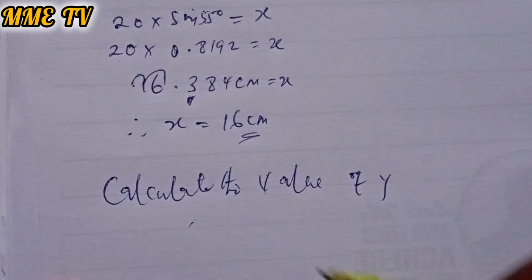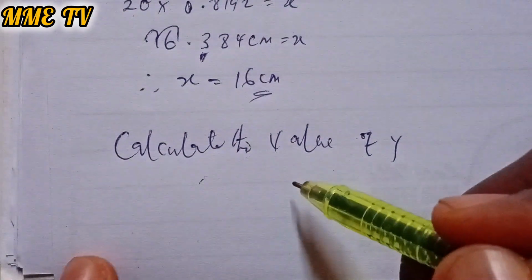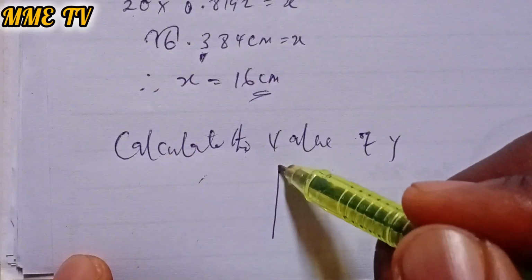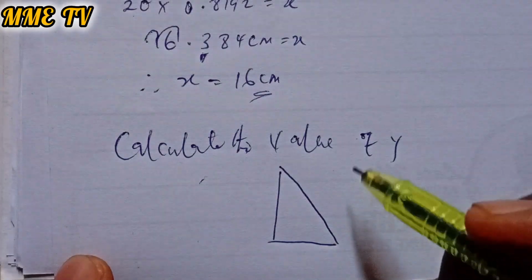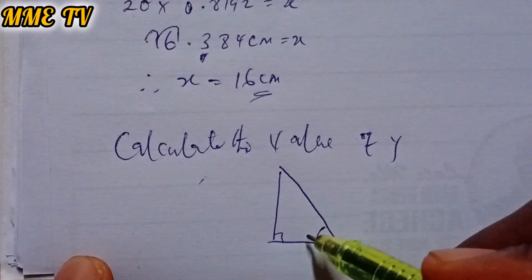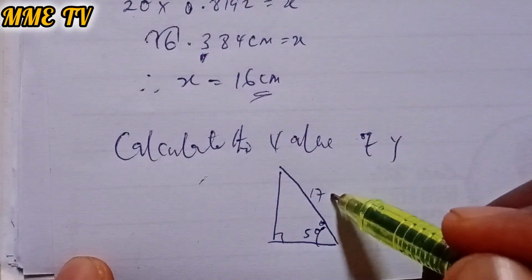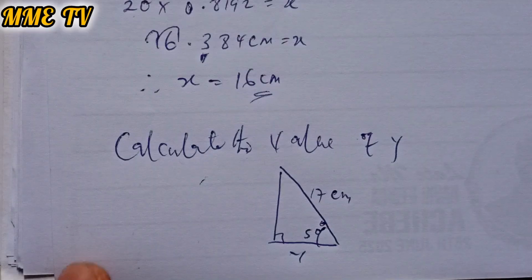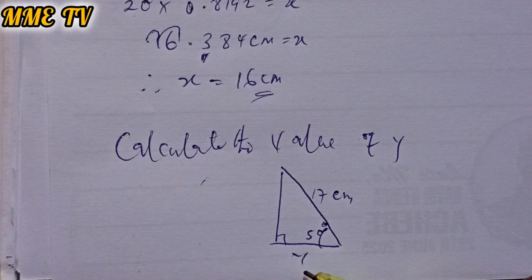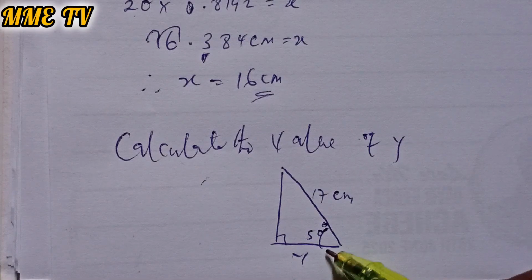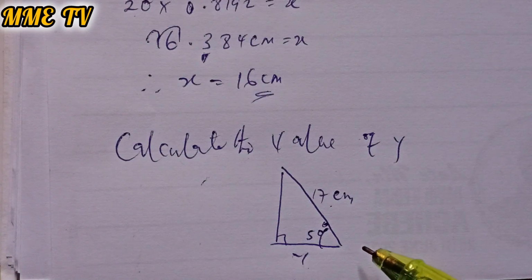Let's say on a drawing just like this, here is an angle 50 degrees, then 17 centimeters, then y. Assuming you're asked to find the value of y on this drawing, you know that what you have to use is this and this, right? So I'll be expecting an answer as soon as possible. So thank you for your time. I really appreciate your presence.